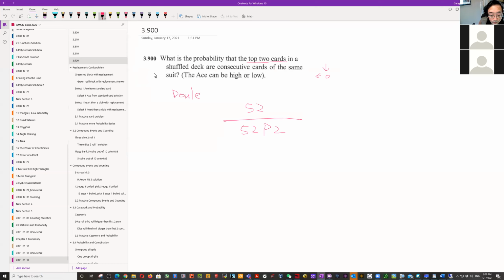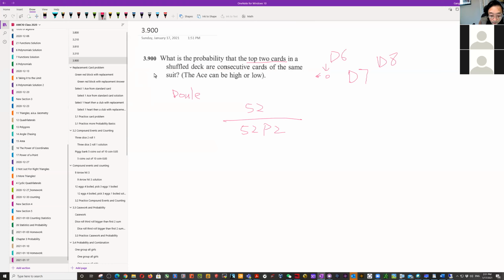For example, if I pick a diamond 7, then I'm able to pick a diamond 8 or diamond 6.